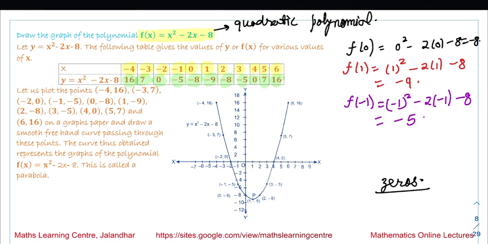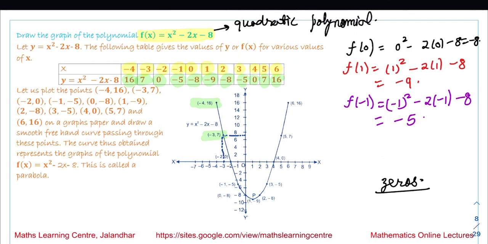So if we plot these points, we have minus 4 comma 16. Next it is minus 3 comma 7. Minus 3 comma 7 means on the x-axis it is minus 3, on the y-axis it is 7.